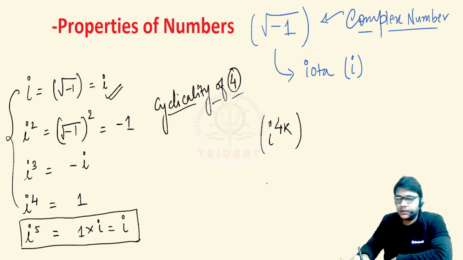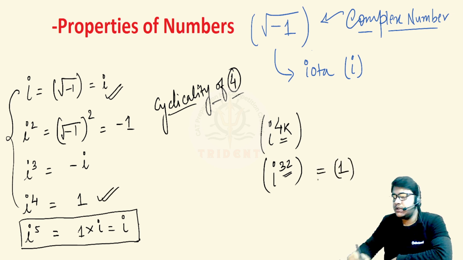Let's take the number, let's say i raised to the power 32. Can you predict what exactly the result of i raised to the power 32 will be? Because i raised to the power 32 is a perfect multiple of 4, I can say that it will be nothing but 1. And how is that so?